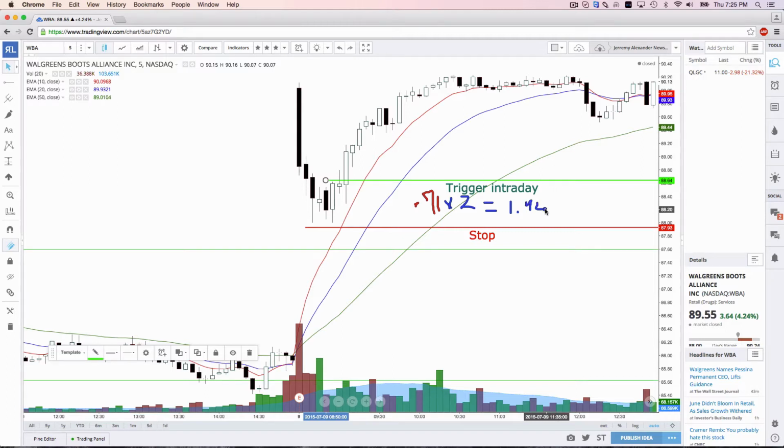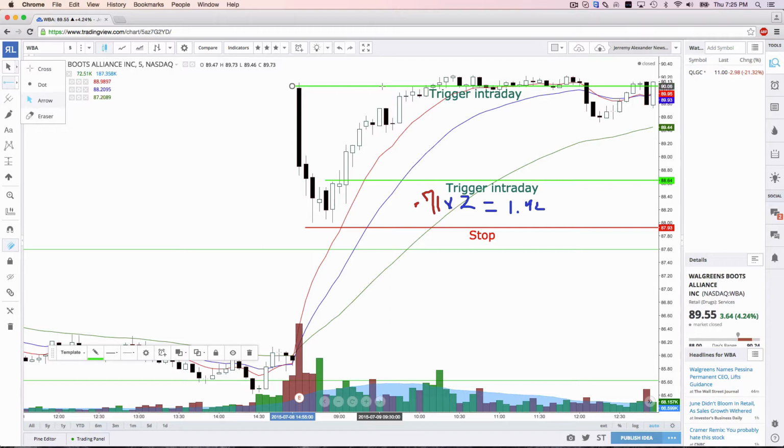And then you would add that to your entry, obviously $88.64, and you would get $90.06, which is perfect because that's right at the high of the day. Look at that. Boom. This was a phenomenal trade. Right at the high of the day.